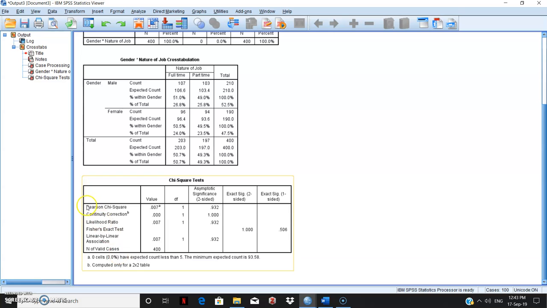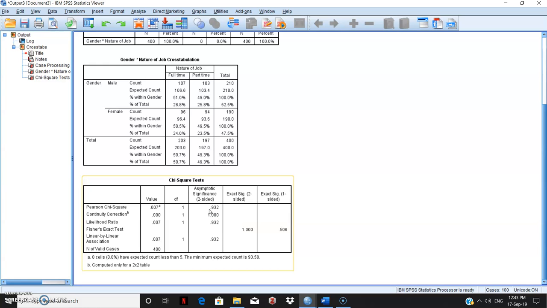This is called the Pearson's chi-square value, and this is the value which is of interest to us. We look at this value and compare and see whether it is within the level of significance or not. What is the level of significance that I said was the benchmark for our comparison?